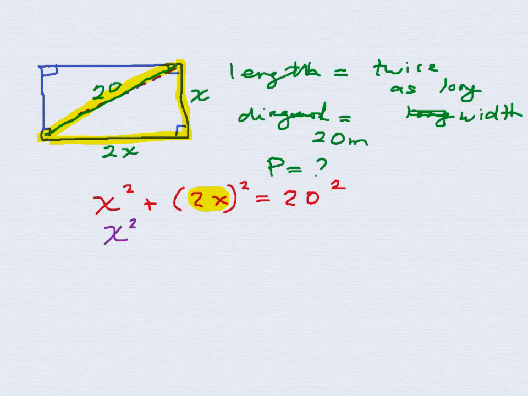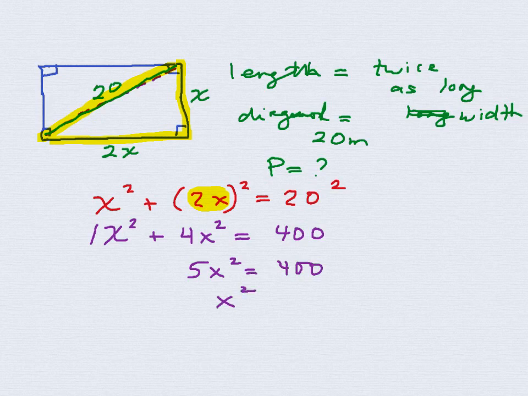So you must show the steps to get this right. x squared is x squared. 2x squared becomes 4x squared when you square it out. And 20 times 20 is 400. Now your next line is going to be the sum of 1x squared and 4x squared. So 5x squared equals 400.